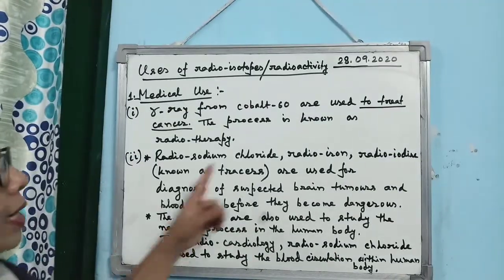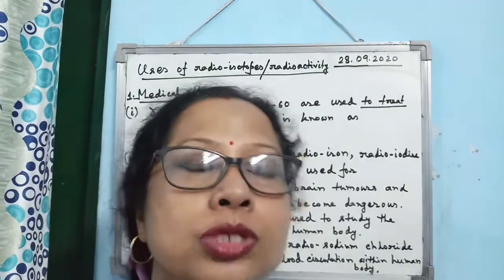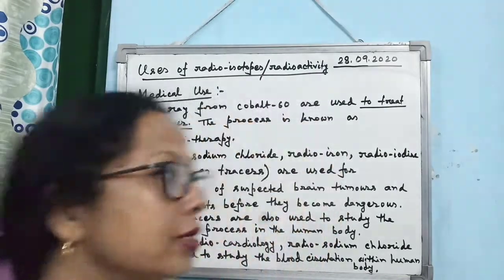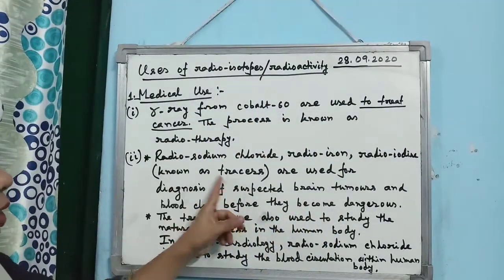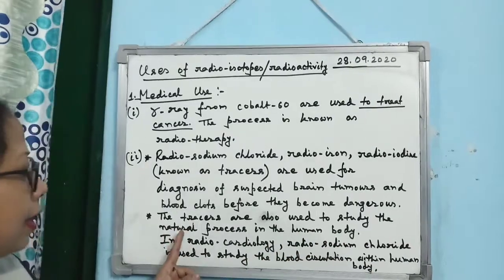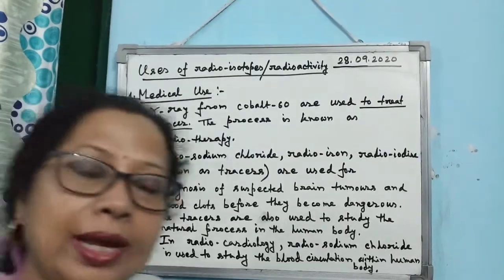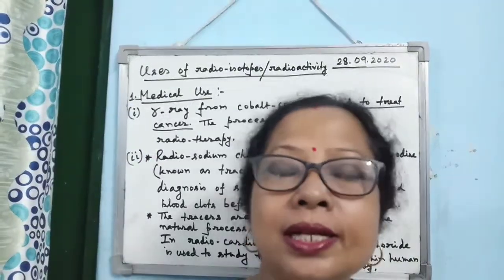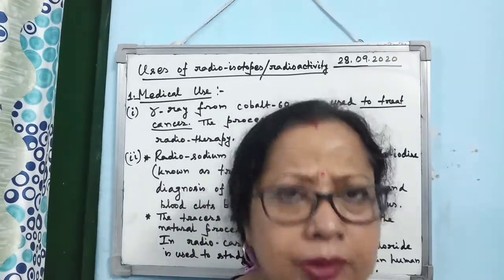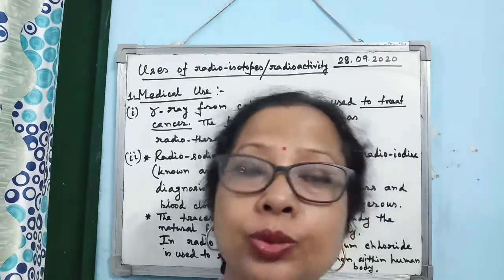Another use of these tracers is to study different systems of the human body. The second point related to tracers is that they are used to study natural processes in the human body, just like blood circulation. If you want to study blood circulation, radio sodium chloride is injected with common salt into the body.